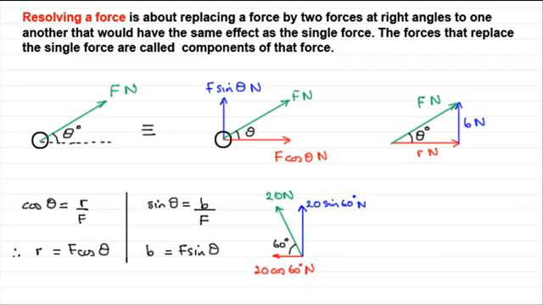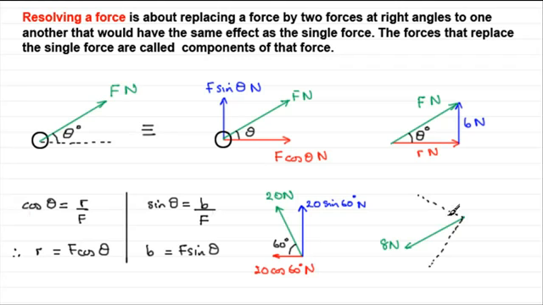Let's do it one more time. Let's try another example. Let's suppose we have 8 newtons. You can actually do this one, and you can pause the video in a moment and try it. We've got a force of 8 newtons, and we can split this into two components: one in this direction up here, and another at right angles somewhere down here. We need an angle between this force and either of these directions.